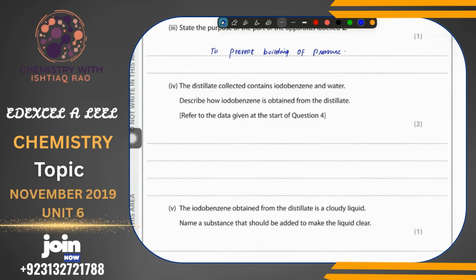The next one is anhydrous calcium chloride. Separating funnel. The layers are formed.